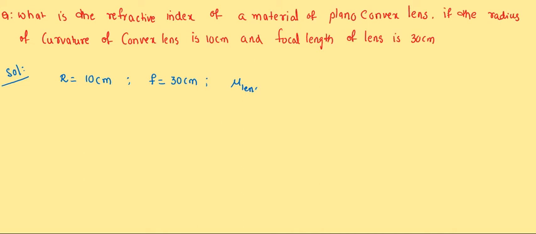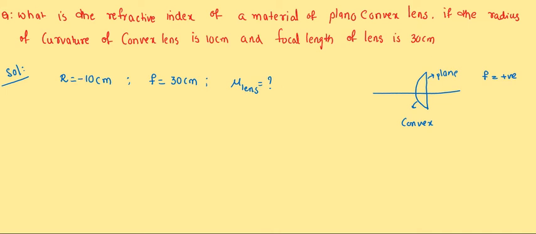For this purpose, let us see here. This is a plano-convex lens. One side is plane, and the other side is a convex surface. In case of a convex lens, remember that the focal length is always positive. For the first surface, the radius of curvature is also positive. That's why we are taking the plus.